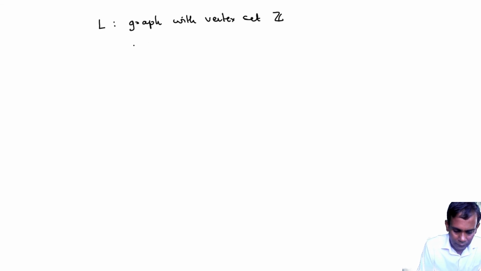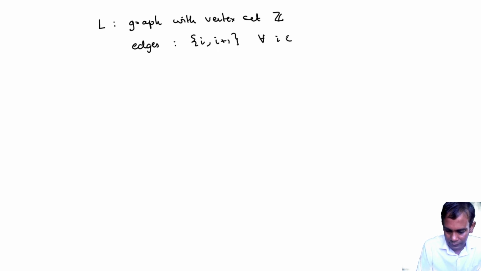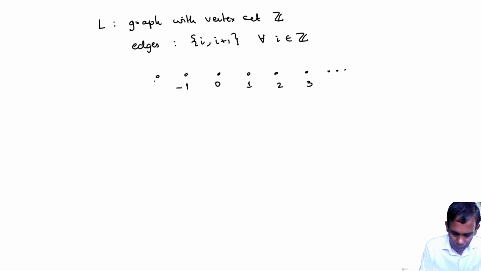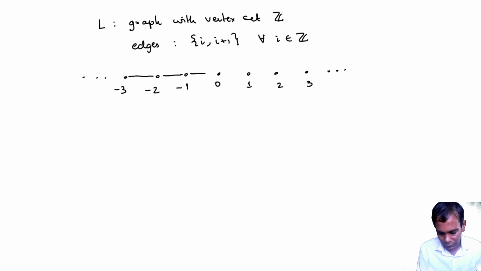Consider the graph L, graph with vertex set Z and edges of the form i comma i plus 1 for each i in Z. So visually this is just the graph whose vertices are integers 0, 1, 2, 3, dot dot dot, and minus 1, minus 2, minus 3, dot dot dot, and we join adjacent integers by edges.